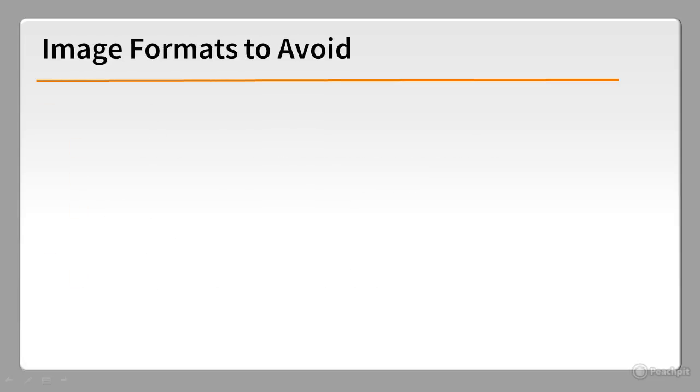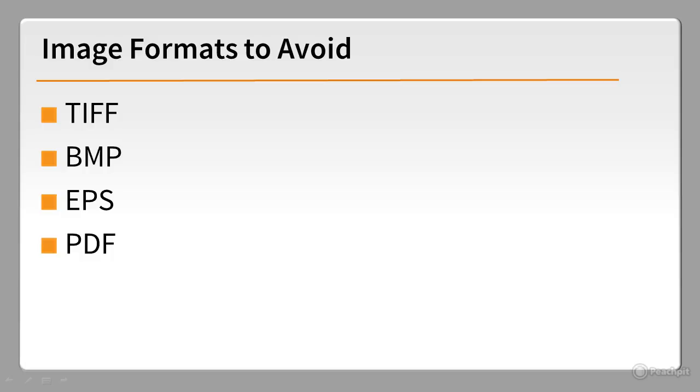As a designer, you're likely to handle many more types of image formats, but the following are not supported by browsers: TIFF, BMP bitmaps, EPS illustrations, and PDF documents. Browsers open PDFs if Adobe Reader is installed, but you can't embed a PDF image in a web page.